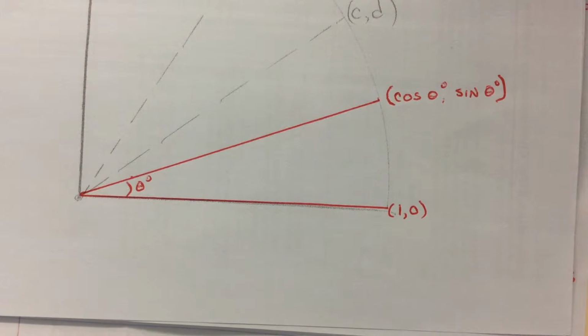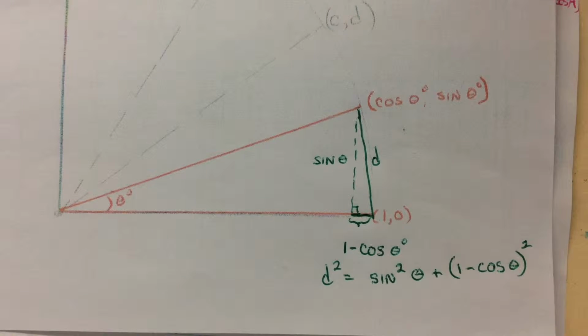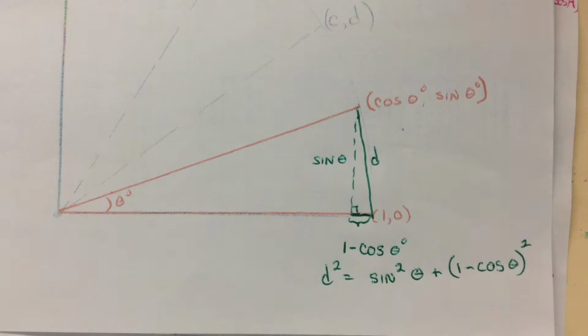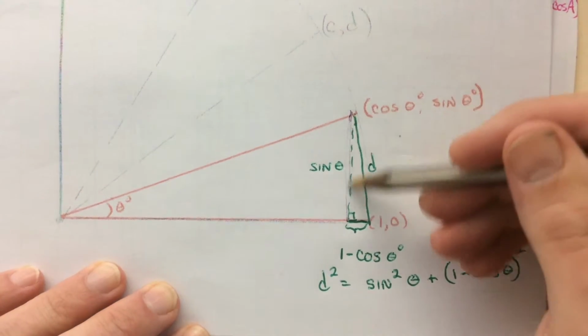What do we know about theta? Well, not too much, except that if it's on the unit circle, we know that cosine theta and sine theta are the coordinates of this point right here. If we draw a chord and label it d, the straight line distance from this point to this point, we know that the distance from here to here has to be the sine of theta.